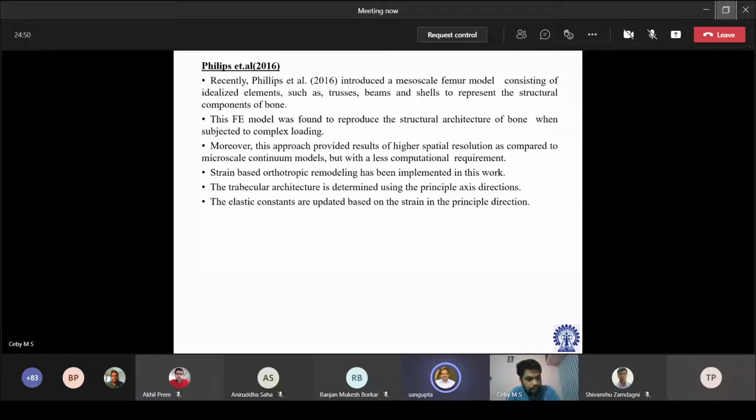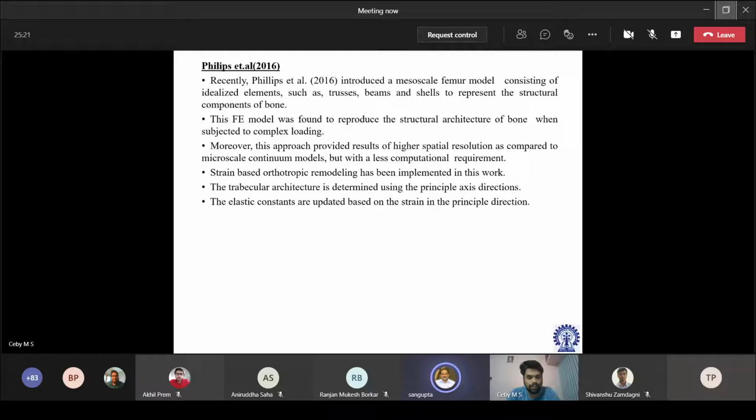They are trying to investigate the effect of orthotropy, trying to relate orthotropy with the principal directions of strains or stresses. So they start with an isotropic model. They give the load, they calculate the stresses, the principal stress.